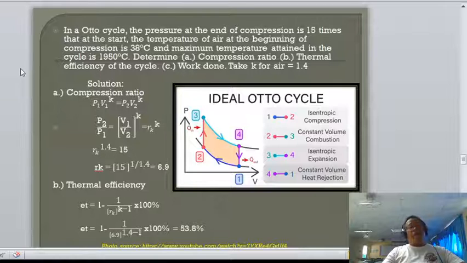So, substituting now from 1 to 2, P sub 1 V sub 1 raised to k is equal to P sub 2 V sub 2 raised to k. And getting now the ratio of the pressure, that is equal to the compression ratio raised to k, where the compression ratio, substituting all the values, will become 6.9. Okay?